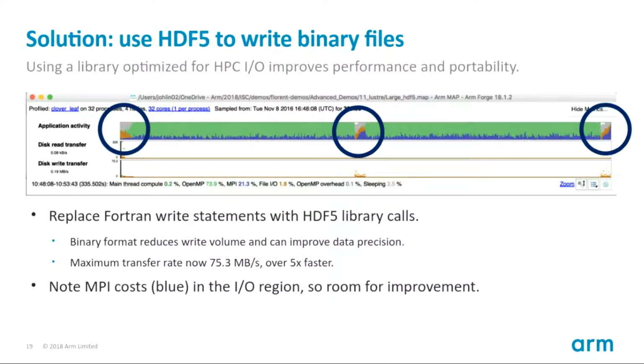Now that was one issue that was addressed. Another thing is that there could be room for improvement in MPI. A triangle like this typically means that MPI ranks are sitting waiting for another MPI rank to finish whatever it's doing before they can move forward.